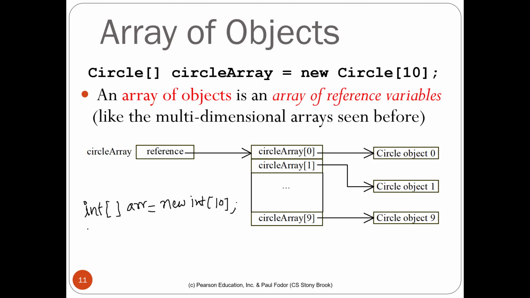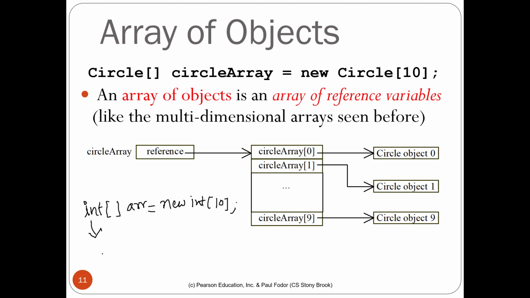So what should happen? In place of int, we should write circle. So that's what we are doing right here. So we are saying circle. Alright, so that's the difference we have made now. In place of int, we are putting circle. The rest of the things are almost the same.